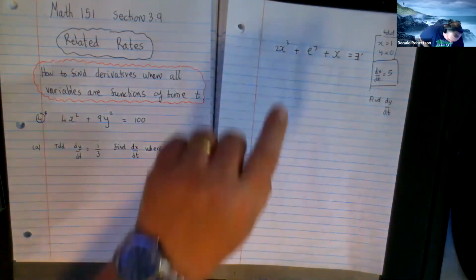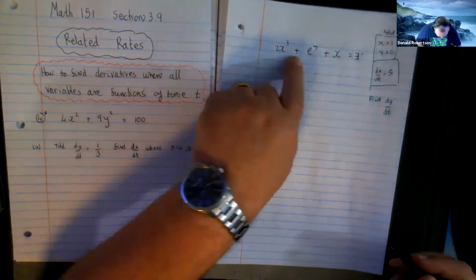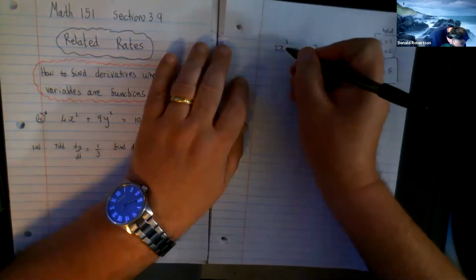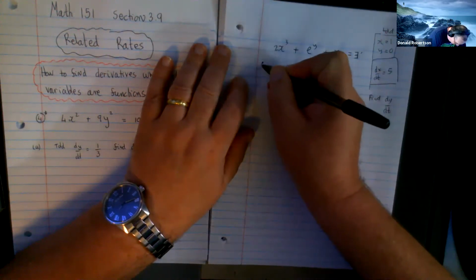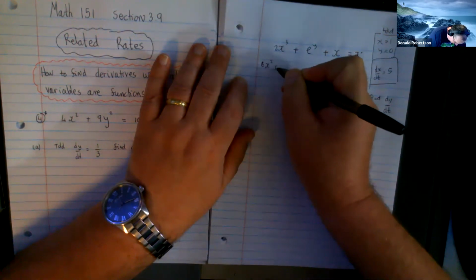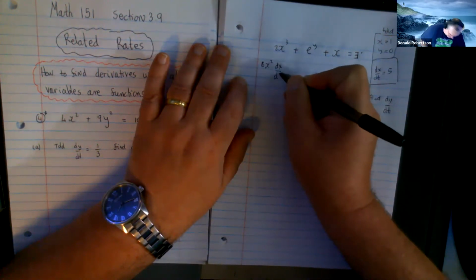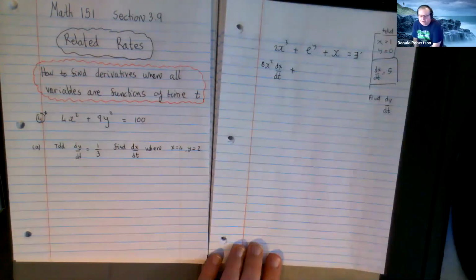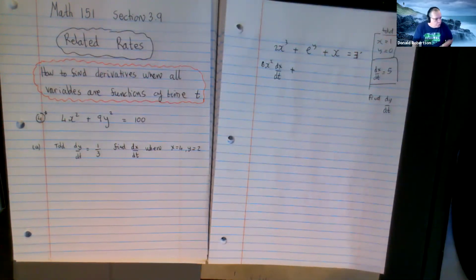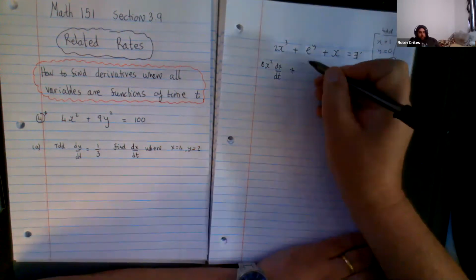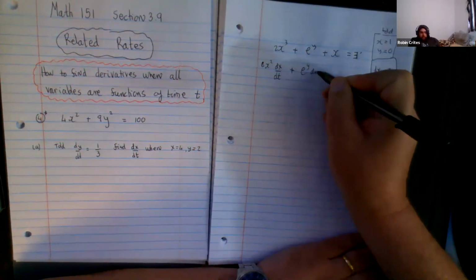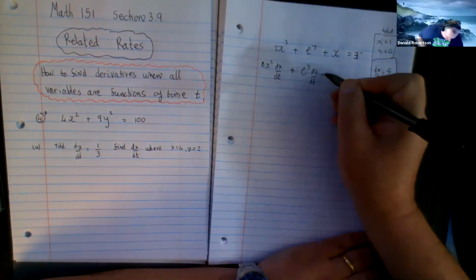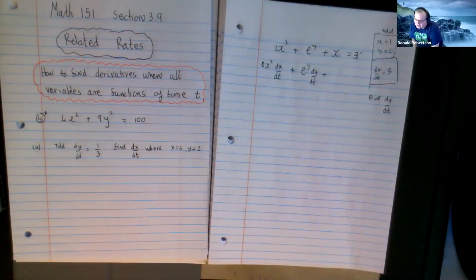If you want to differentiate each one of these with respect to time, you differentiate this guy, you will get 6x squared dx by dt. What will you get if you differentiate e to the power of y with respect to t? E to the power of y dy dt. Sometimes the simple ones catch people.